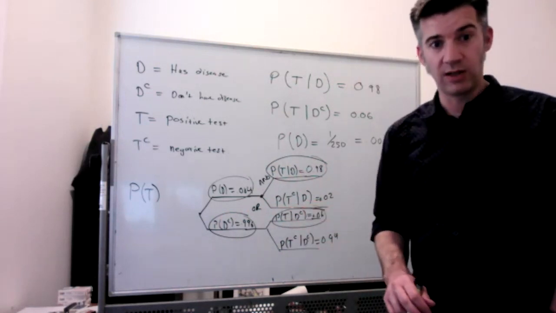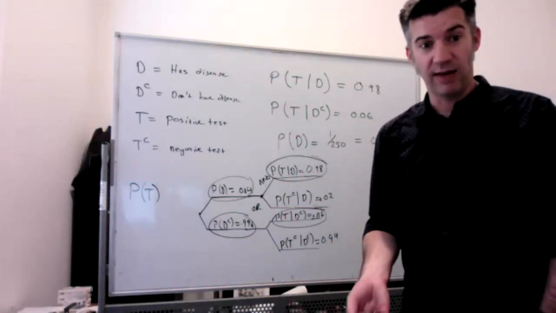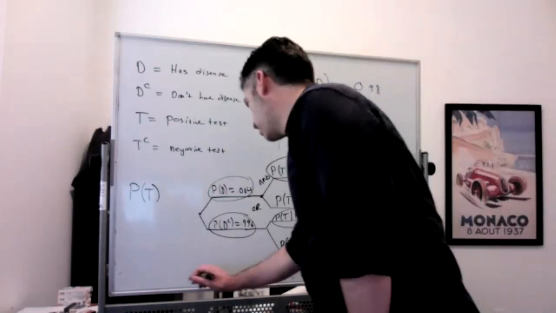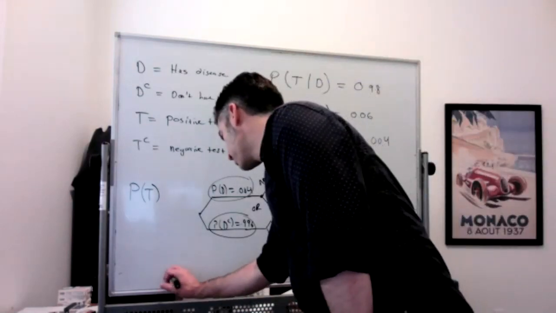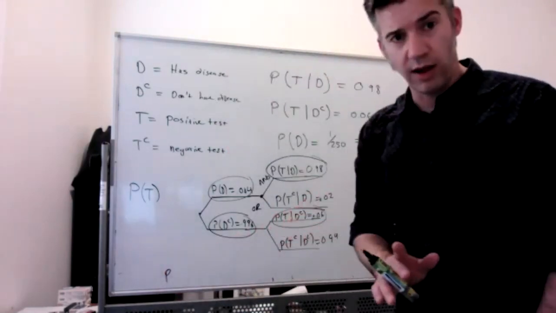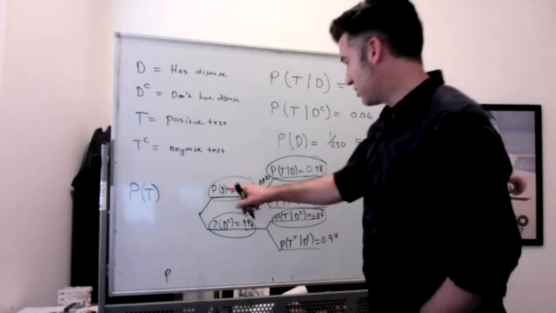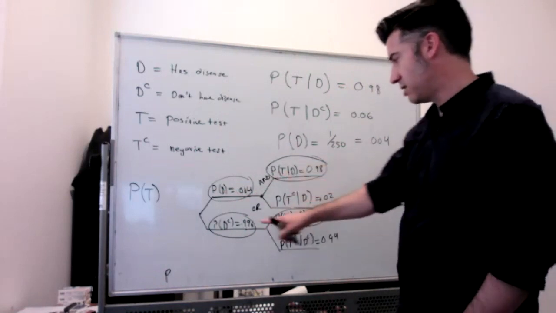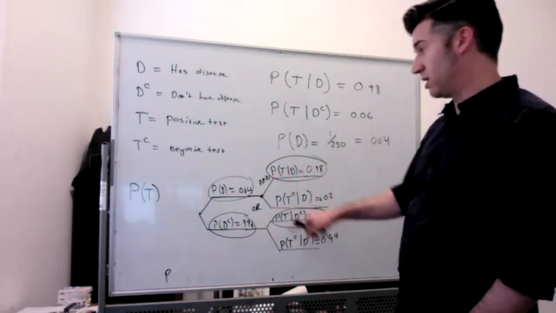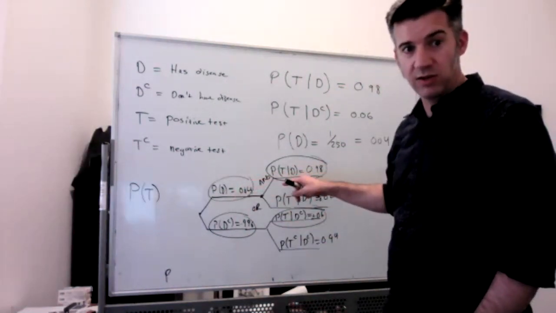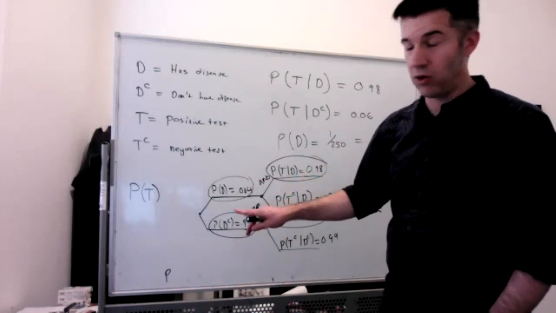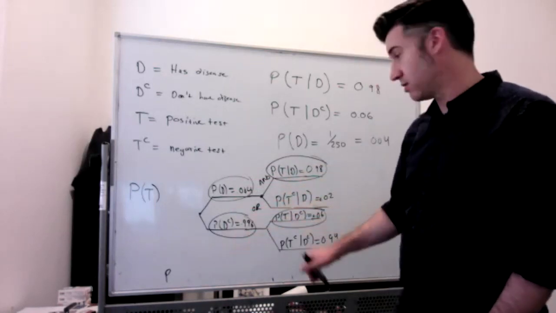Those are the only paths that get us to having the disease. So the probability of having the disease, sorry, I said the wrong word there. The probability of testing positive, right? These are the paths that get us to a positive test. So you can either have the disease and have a positive test, or you can not have the disease and have a positive test.